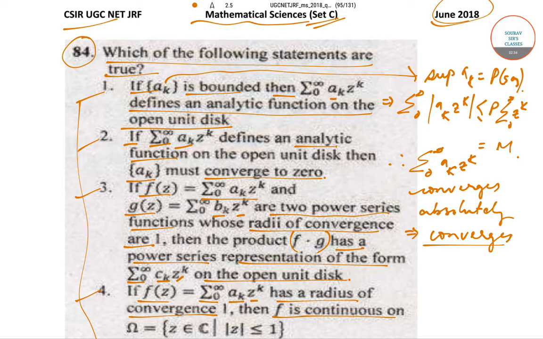So if it converges, then we can definitely say, also we know, that the limit of a convergent power series, as we know this is a power series and it is also convergent, is an analytic function.